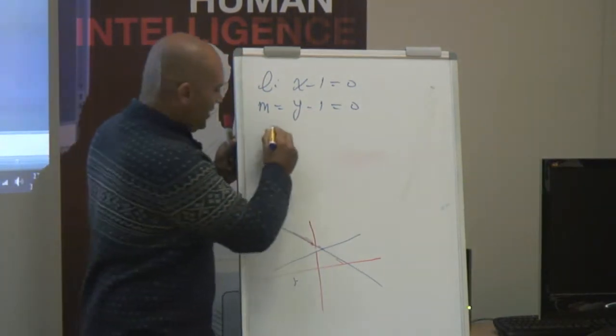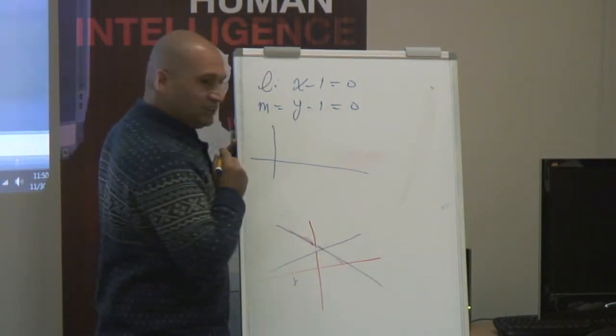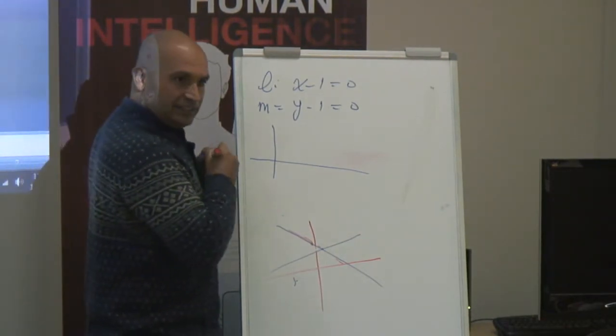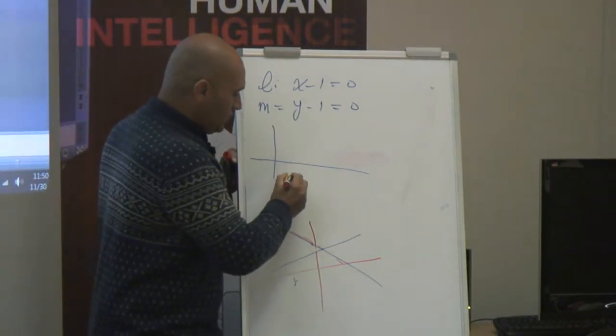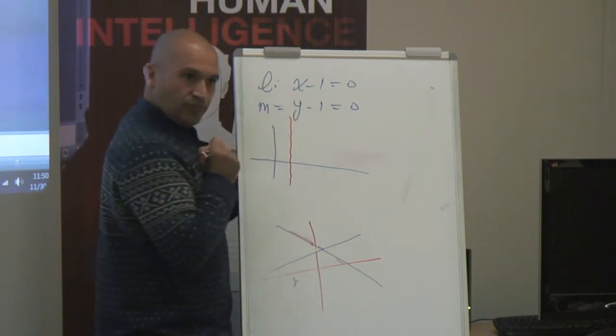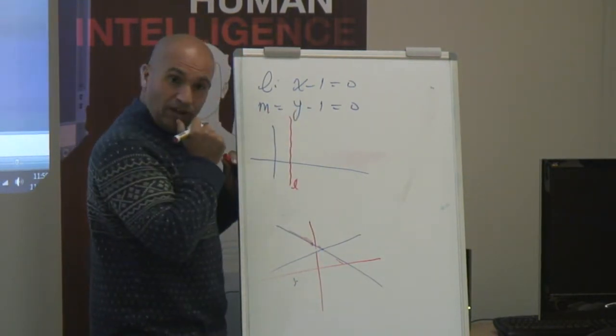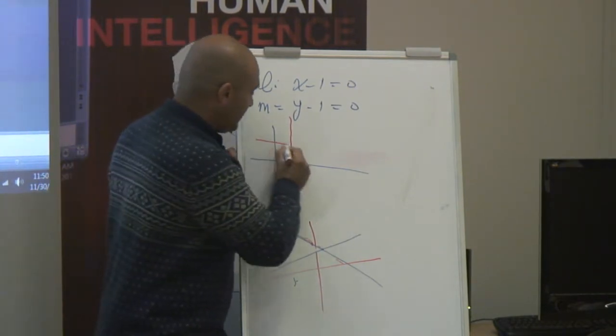The first gives x equal to 1, which is this line. This is L. The second gives y equal to 1, which is this line.